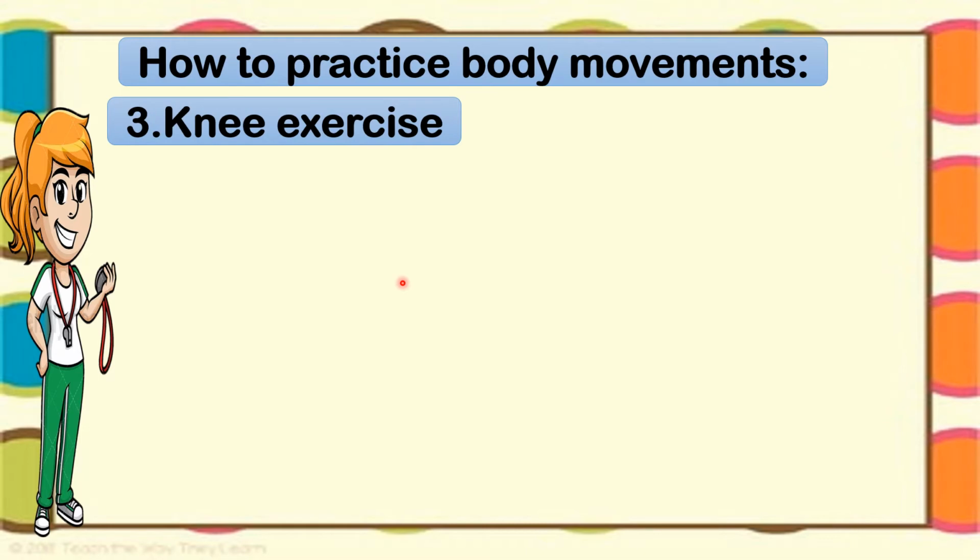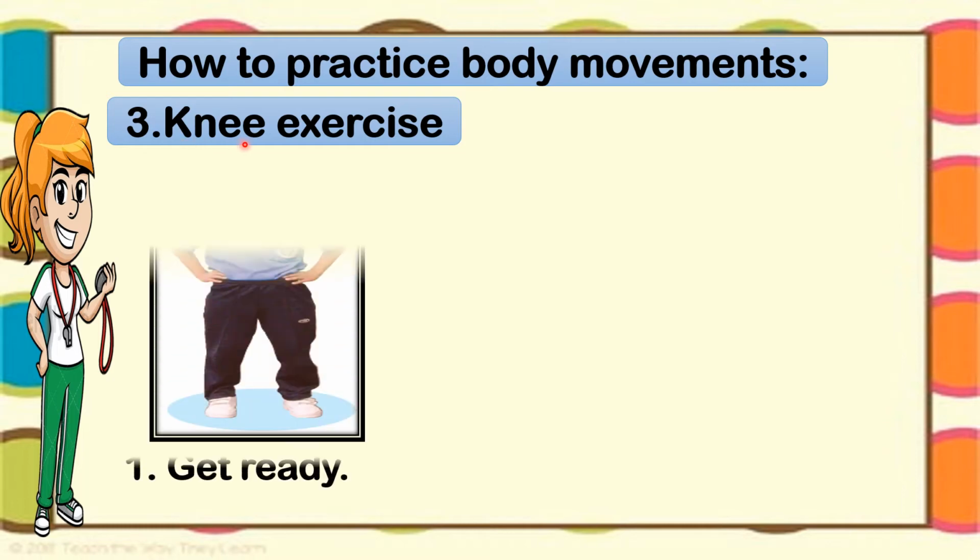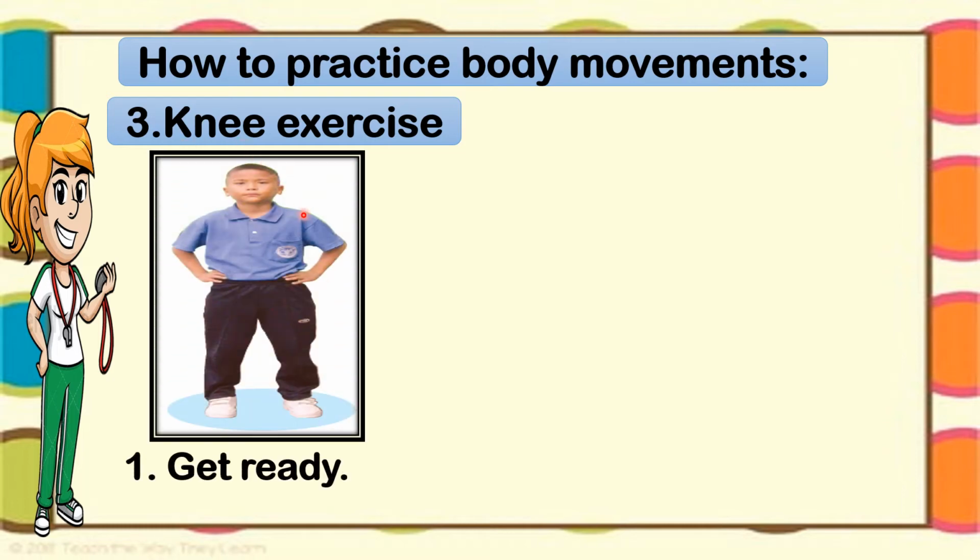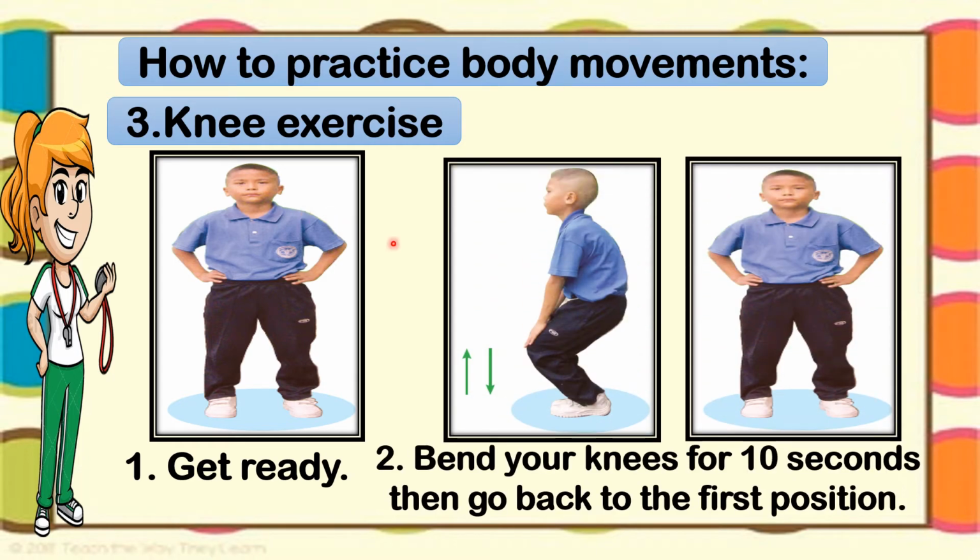Now the third thing that you should practice is knee exercise. The first thing that you should do is to always get ready. Next, if you are ready, number 2 is you need to bend your knee. Now look at this picture. This is how you should bend your knee or your knees for 10 seconds.